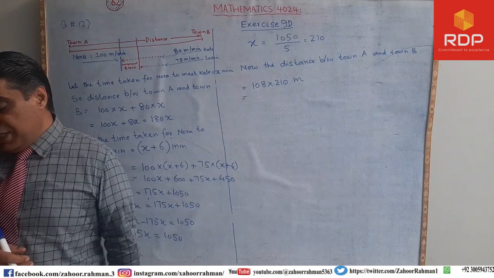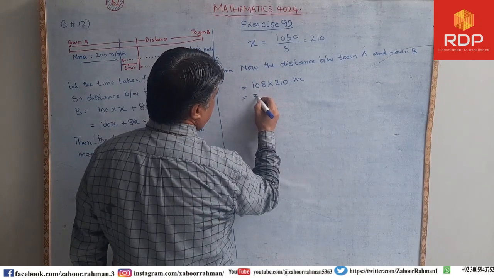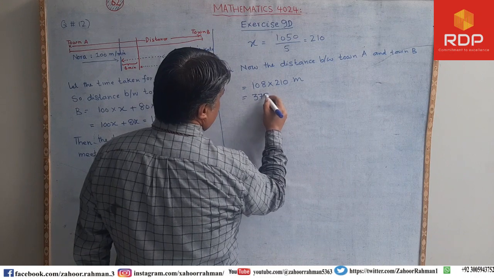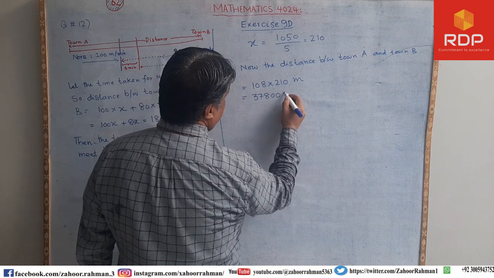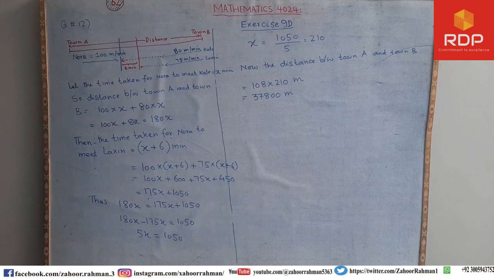So when we multiply this, 37,800 meters will be the distance between town A and town B.